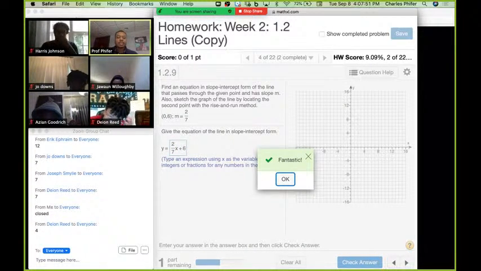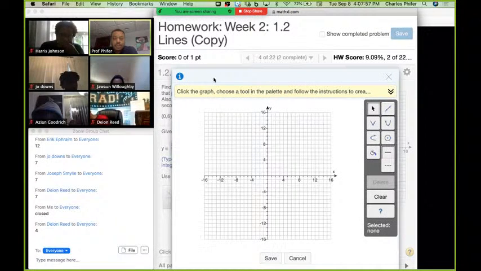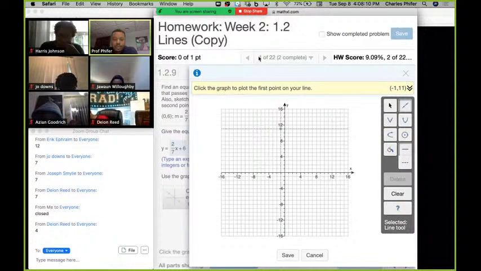Again, because the x is 0, because they gave us the y-intercept. And then the graph, hopefully, let me see, it's a straight line. We said what? Let me see if I can move it over some. There it is.